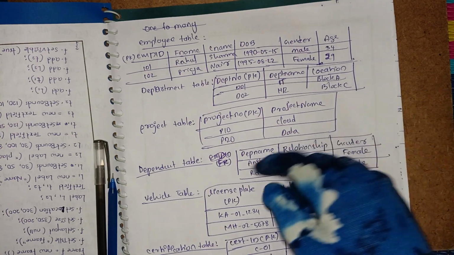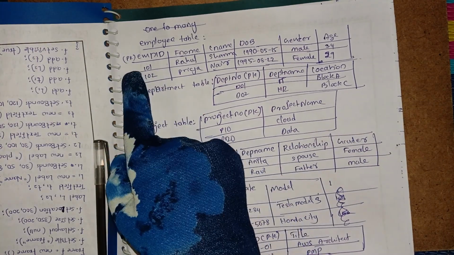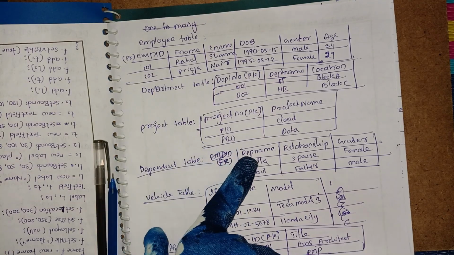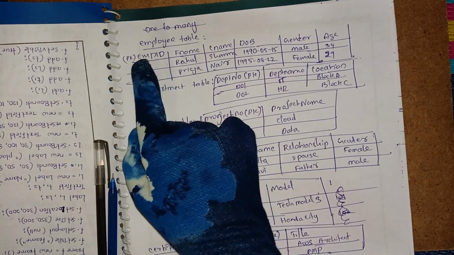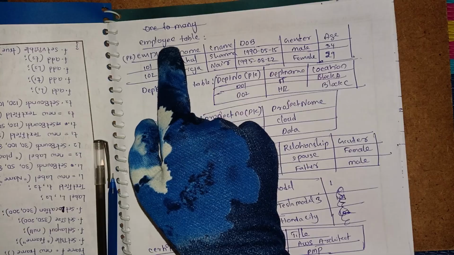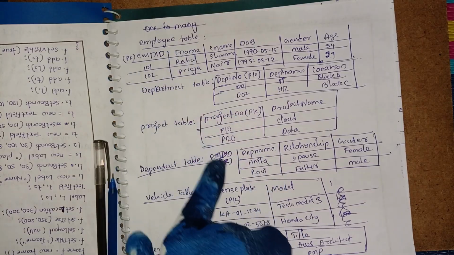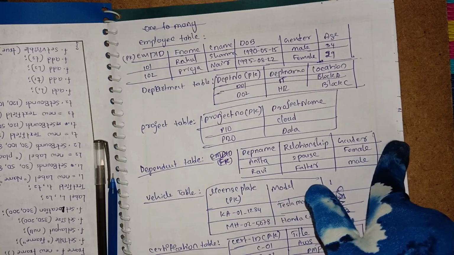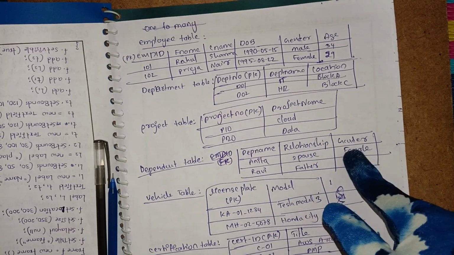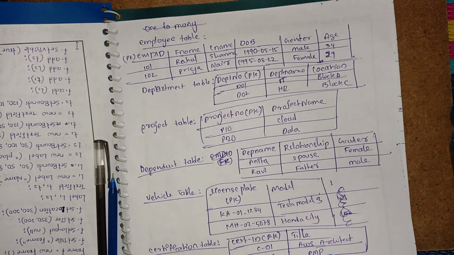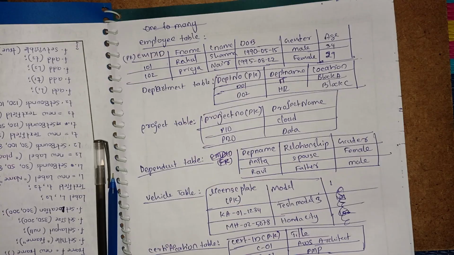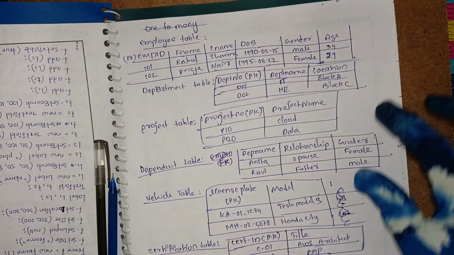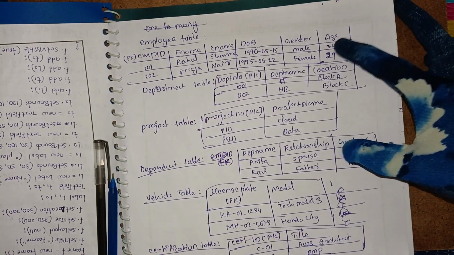When it is combined with employee ID, the primary key of the employee table, the strong entity, both together uniquely identify each row in the weak entity table and establish the relationship between these two tables.